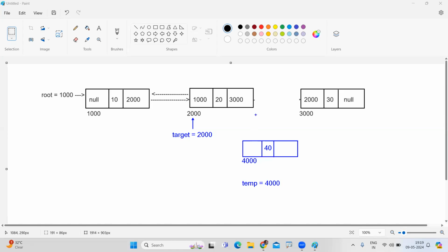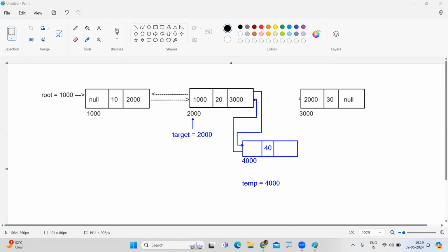Now, actually, how many connections are there? Total 4 connections. Left side 2 connections, right side 2 connections. These are left side connections.